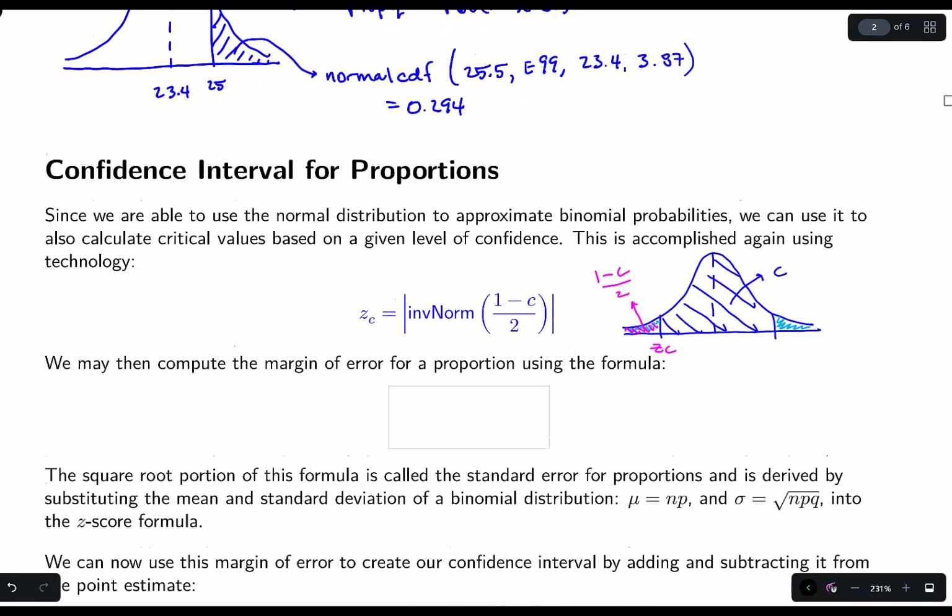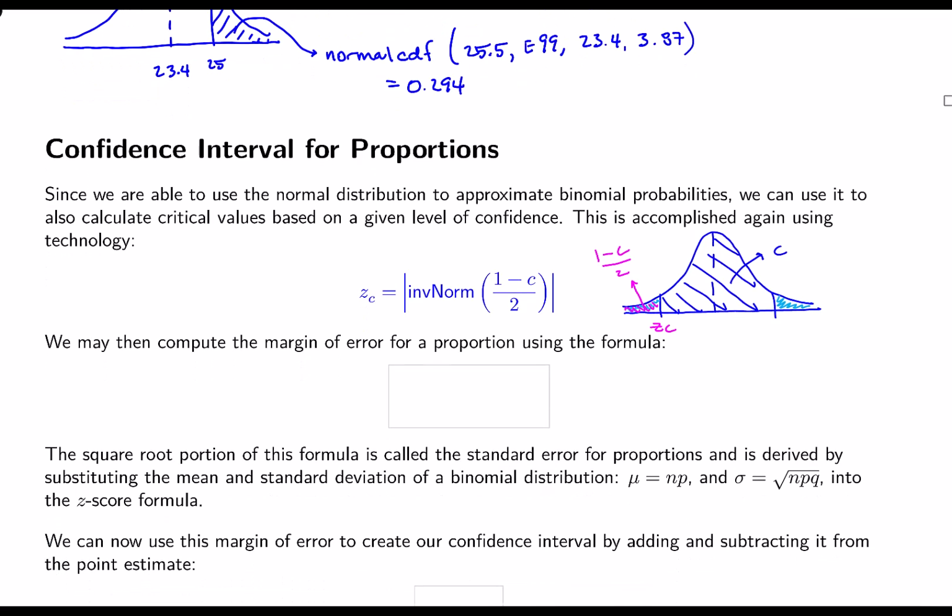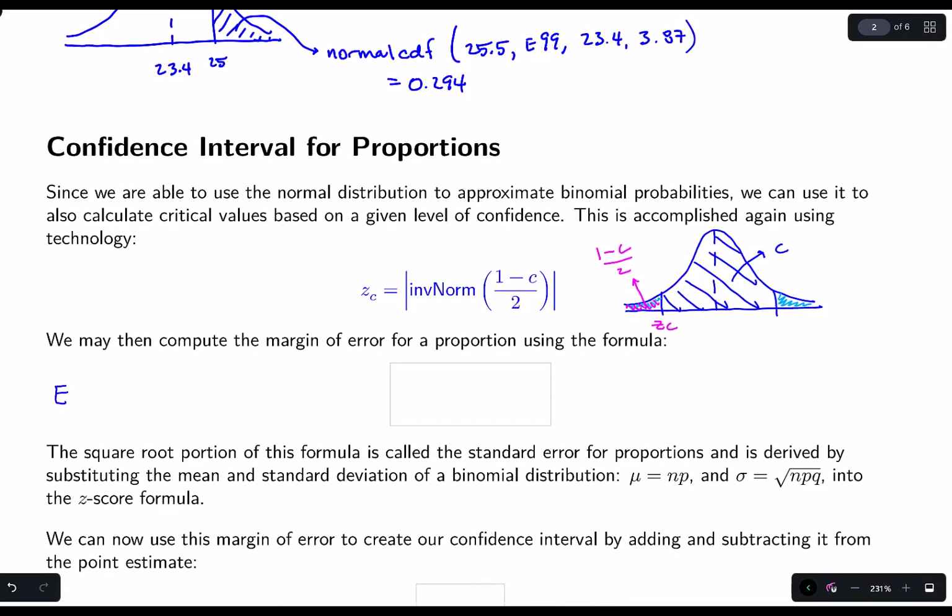Next, we need to compute a margin of error. In order to do that, in general, we take our critical value and multiply that by our standard error for whatever type of statistic we're working with.